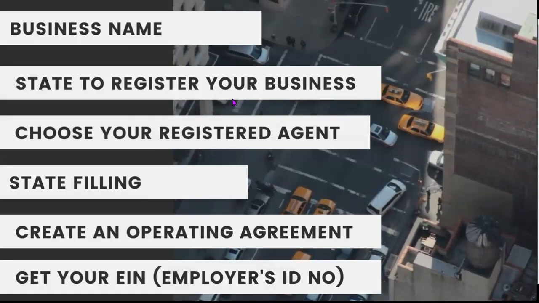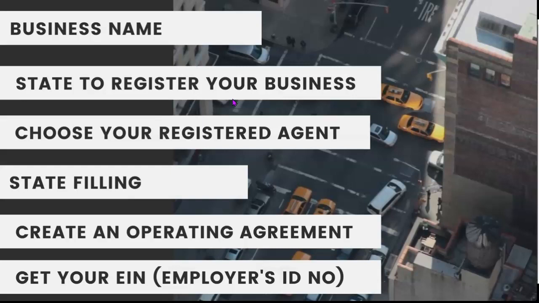And after you've chosen a state, you're going to need a registered agent that is going to stand as a bridge between the state and yourself. After that, you need to file your LLC, then create an operating agreement, then finally get your EIN. Once you have all of this, you've successfully created your business in the United States and you can be a proud owner of an LLC in the United States.